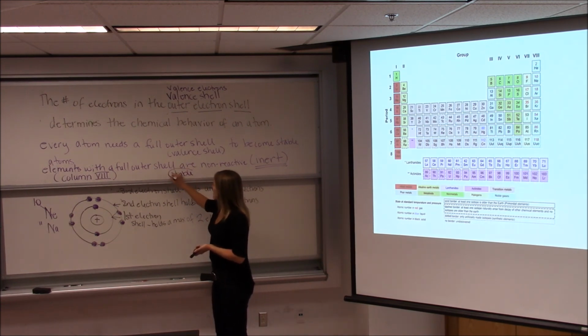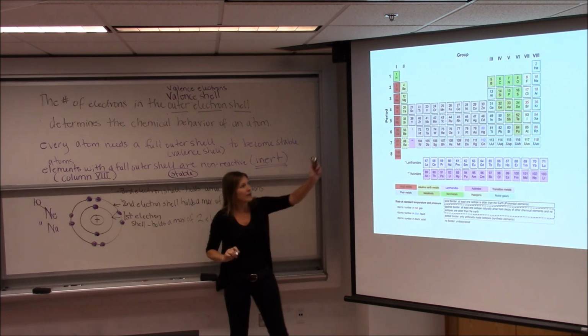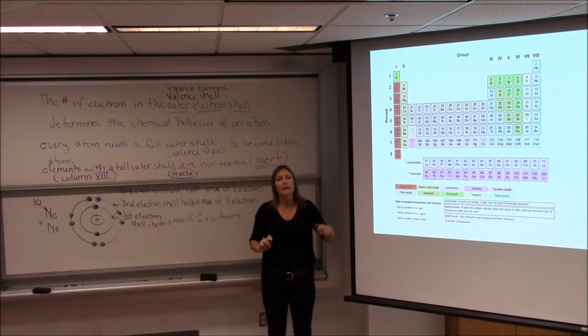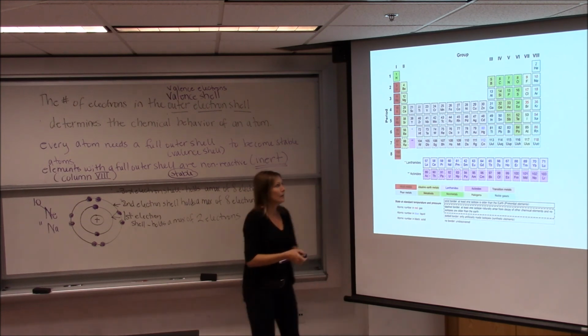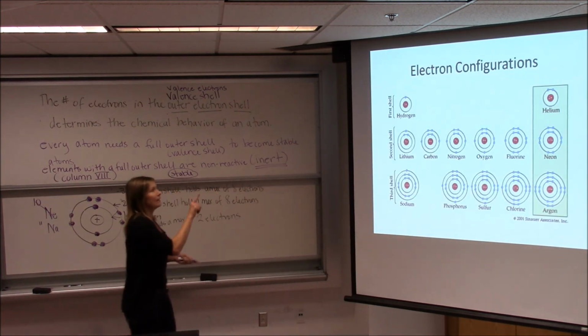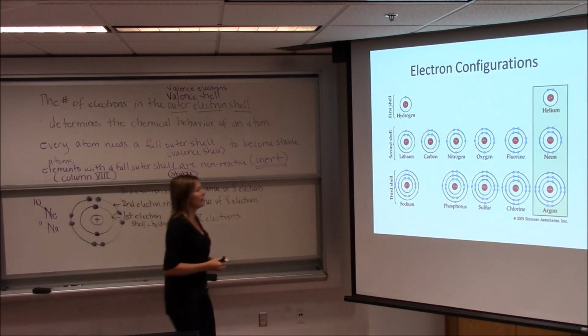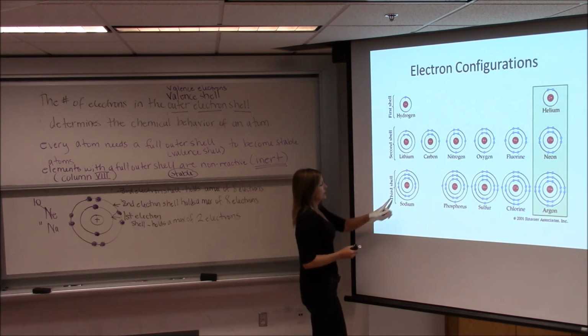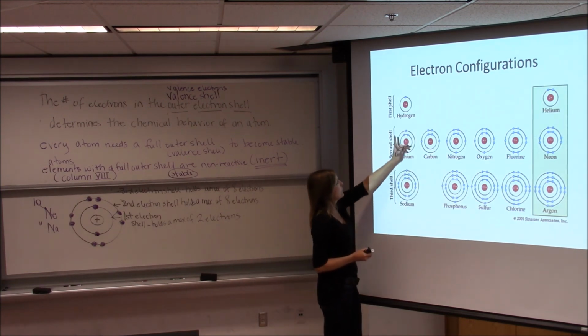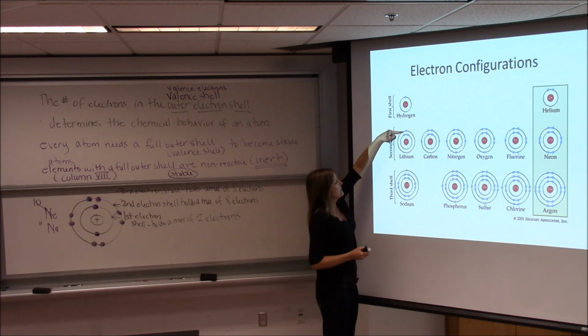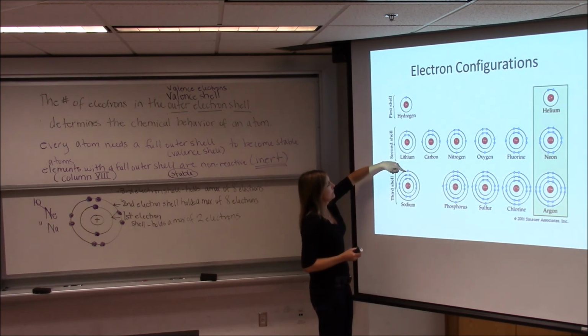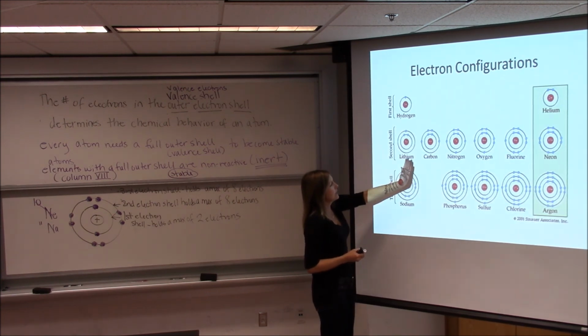But anything that doesn't have a full outer shell, so everything in columns 1 through 7, is going to do something to fill that shell. So if we look at the electron configurations, again that's telling us where the electrons are located for all of these elements, you can see this is column 1, and they each have 1 in their outer shell. Okay, this is skipping all the way over.